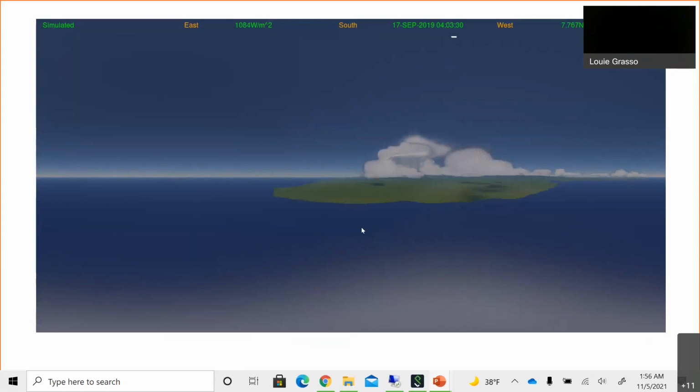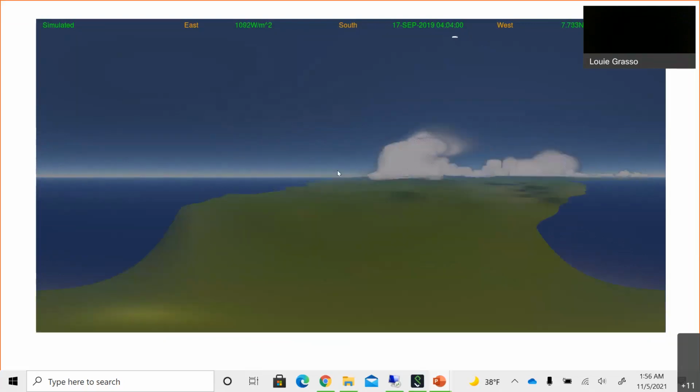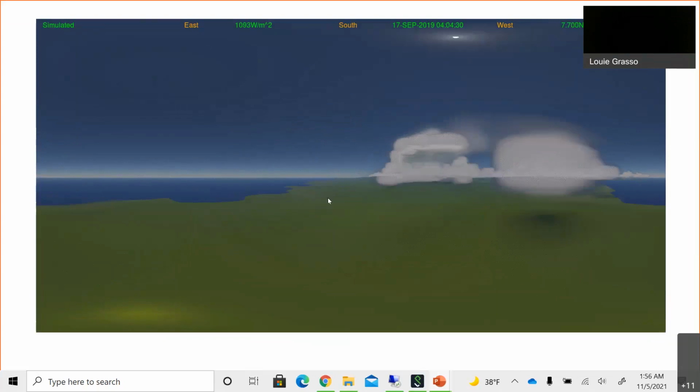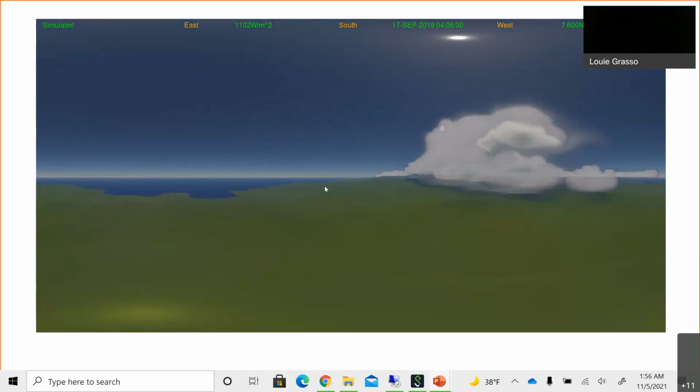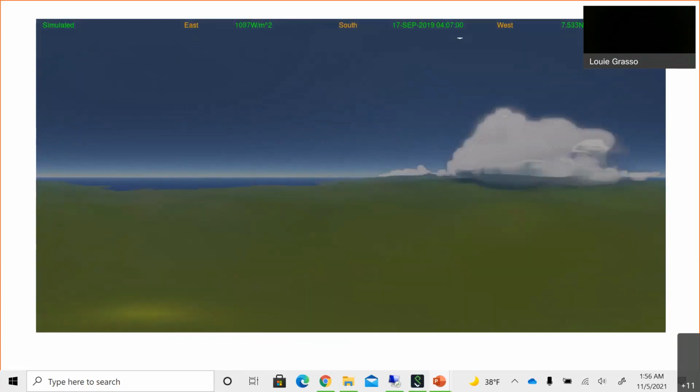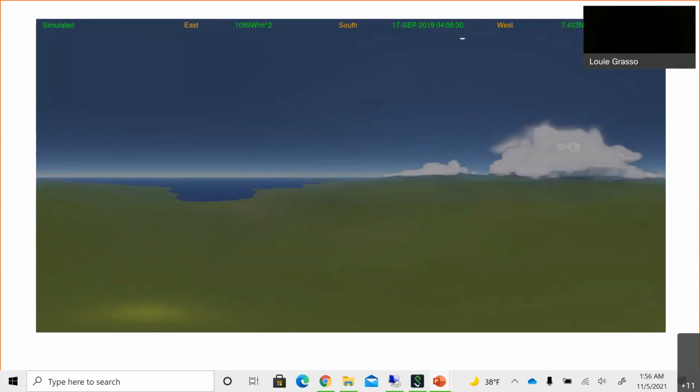Cumulus over the landmass. We're flying due south, going over the land. We were actually trying to fly right along the coastline here. All right. Again, we're flying at a constant altitude of 1 kilometer going due south.